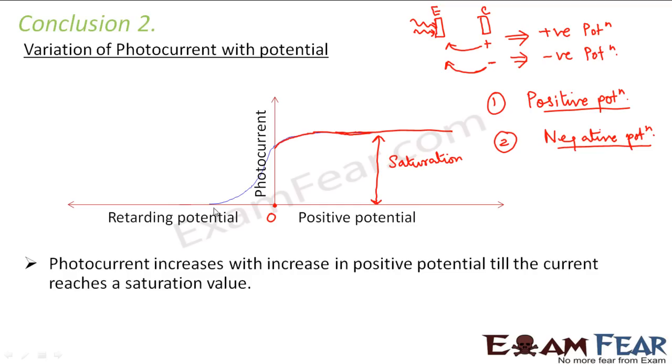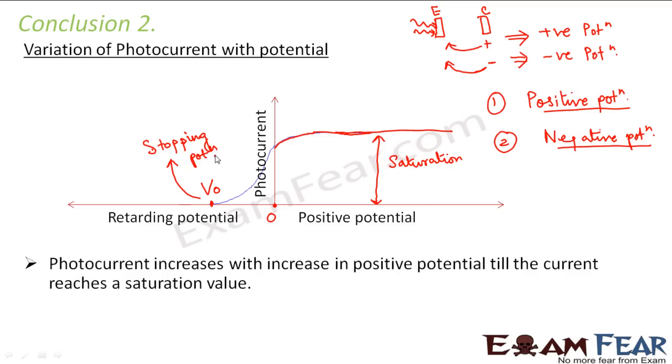And it was found that at a particular value of potential, the photocurrent became zero. This particular value of the retarding potential is known as the stopping potential. So the stopping potential is nothing but the potential at which the photocurrent drops to zero.